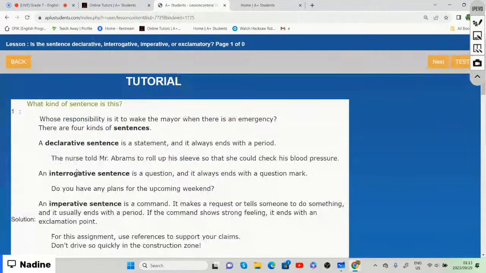Remember, we said that these are the four types of sentences, and each one serves its own purpose. So the first one is a declarative sentence.